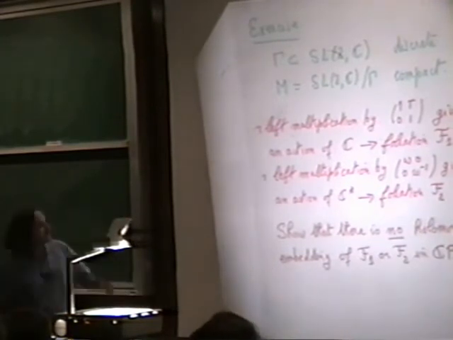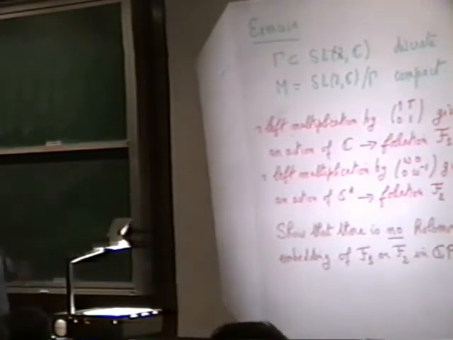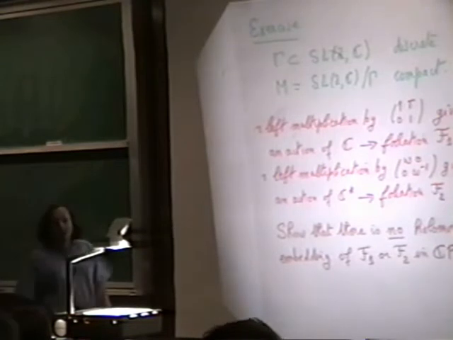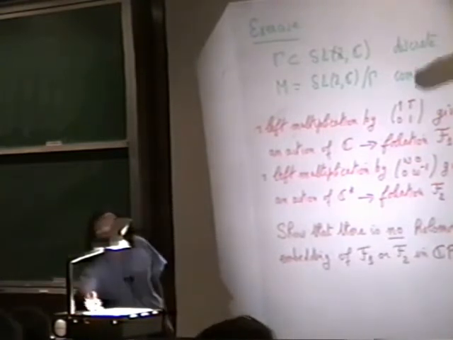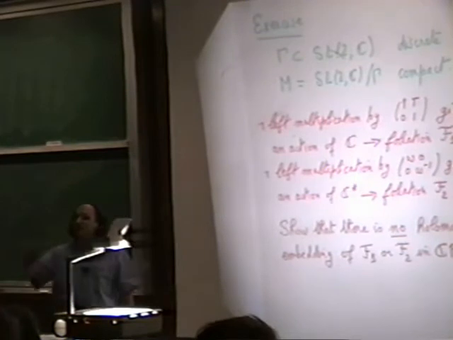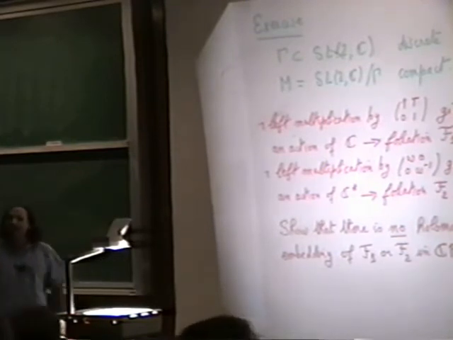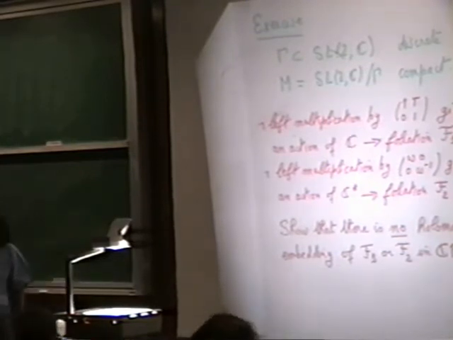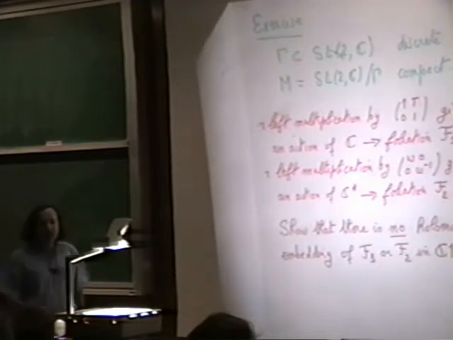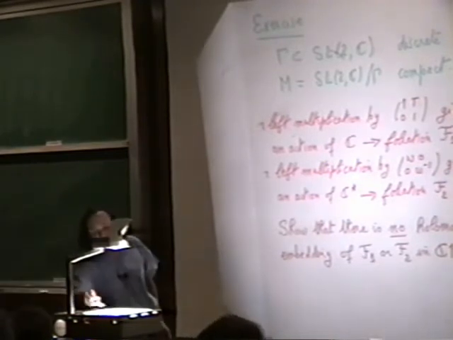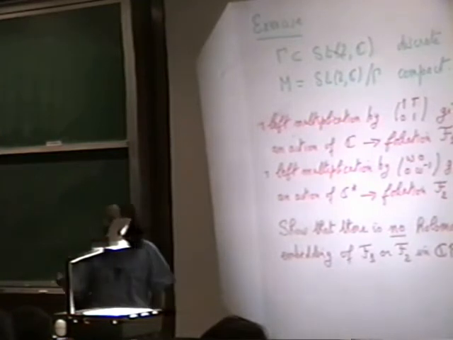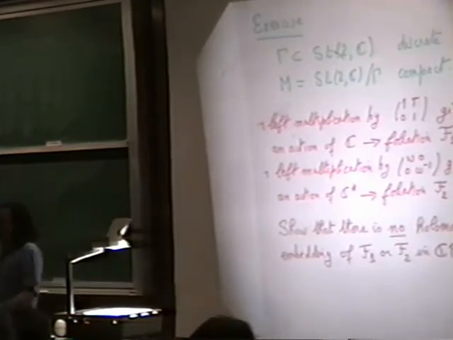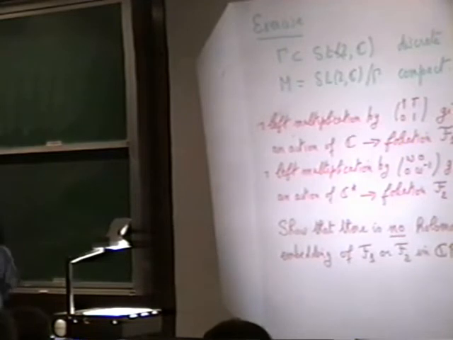Translation on this coset space SL2C modulo gamma by upper triangular matrices (1, t; 0, 1) gives you a holomorphic action of C on this compact manifold. In the same way, you can look at left translation by diagonal matrices (omega, 0; 0, omega inverse), where omega is a non-zero complex number, a holomorphic C-star action on this complex manifold.